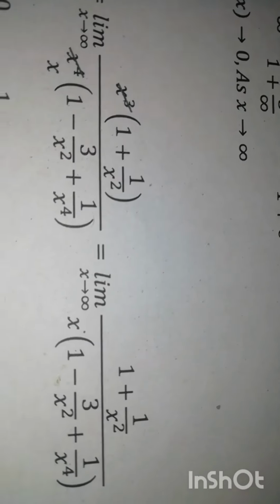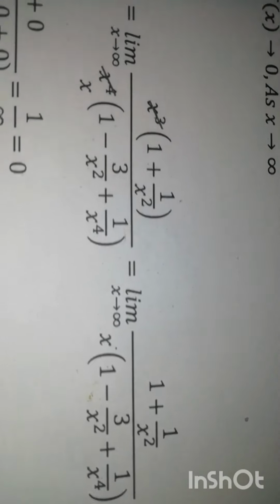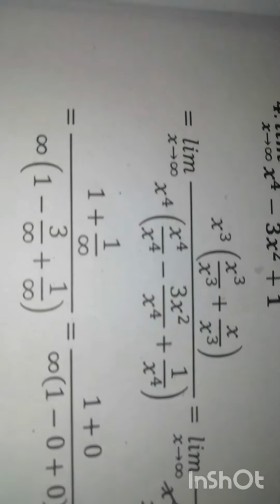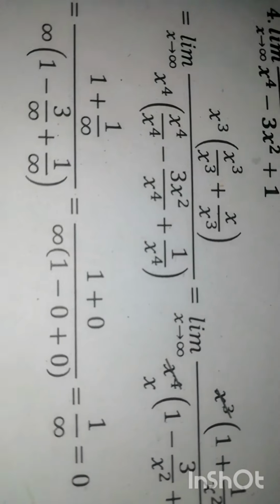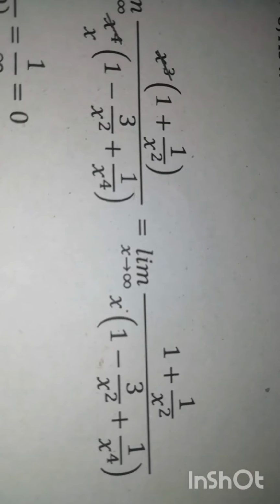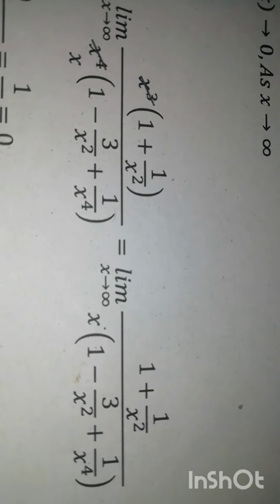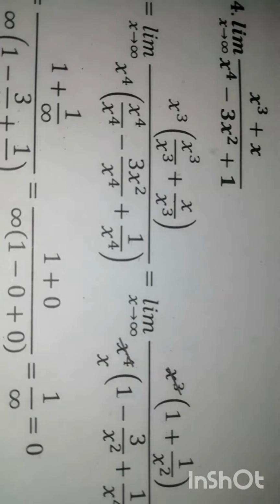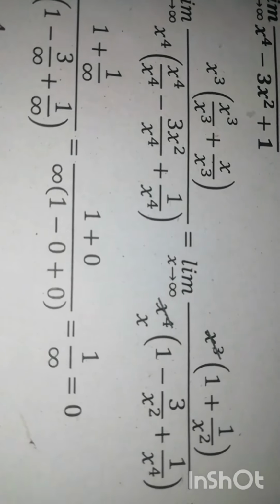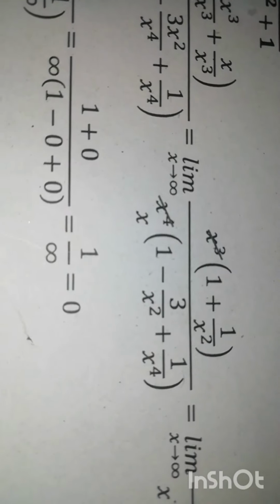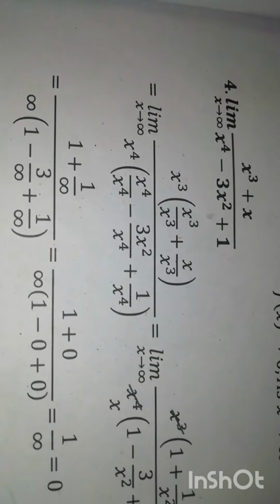See the simplifications. Now substitute the limit. What is the numerator? 1 plus 1 by infinity. What is the denominator? Infinity into this. So 1 by infinity is 0. So the answer is 0.